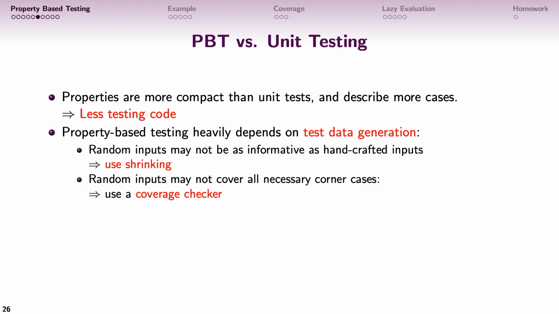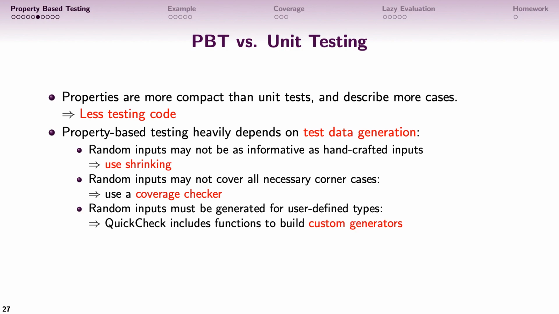So I need to come up with a way to test that specific line of code that has not been covered already by my existing tests. So yes, it's possible that random inputs may not cover all necessary corner cases, and we might see some examples of that in the future. But this is also true of unit testing, and we need to use coverage checkers to get an idea of how thorough our testing is.